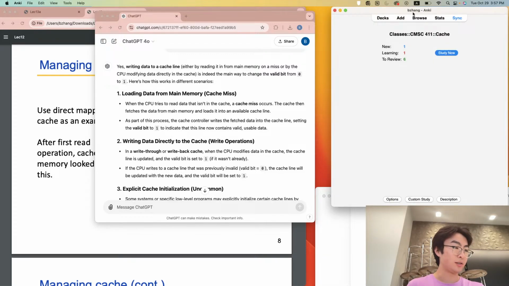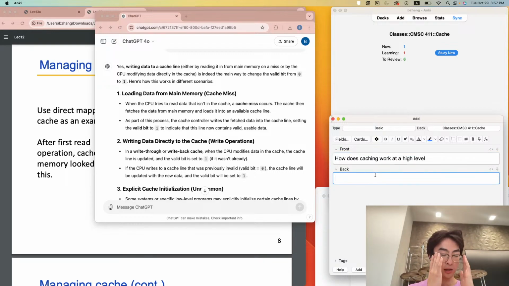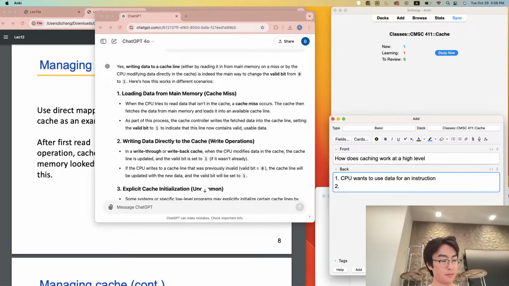All right, let me see, how does caching work at a high level? So let's see if I can repeat the steps that ChatGPT was saying. Okay, so the CPU wants to use data for an instruction. This instruction looks first at the cache to see if the data is there.